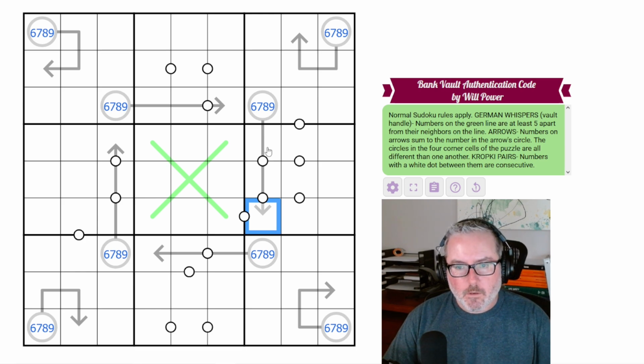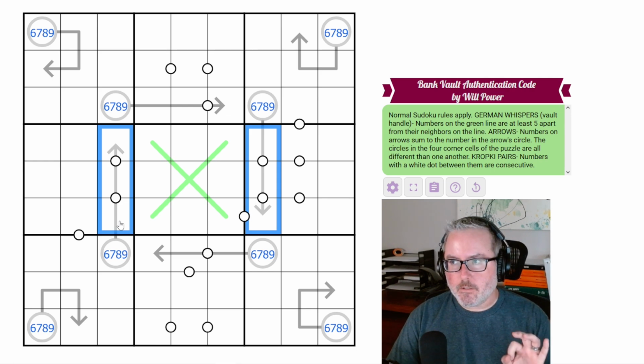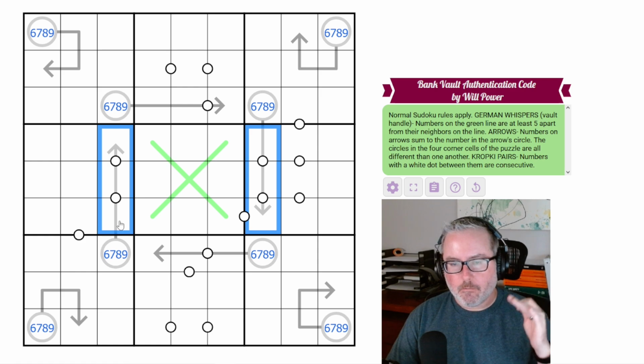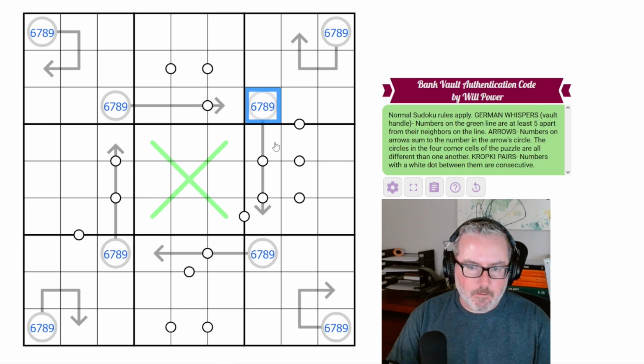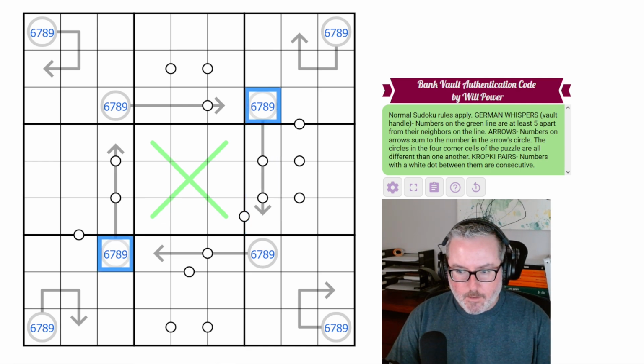So what are the only ways that we can make 3 digits add up to 6, 7, 8, or 9 and have all 3 of the digits be consecutive? Well, I think it's going to be 1, 2, 3 to equal 6 and 2, 3, 4 to equal 9. 7 would be 1, 2, 4. That doesn't work. 8 could either be 1, 2, 5 or 1, 3, 4, but neither one works as well. So these 2 have to be from 6 and 9.